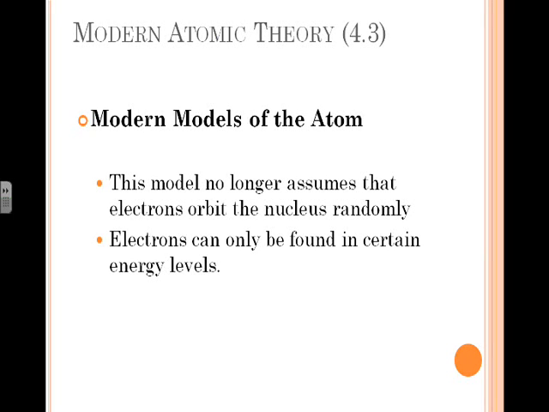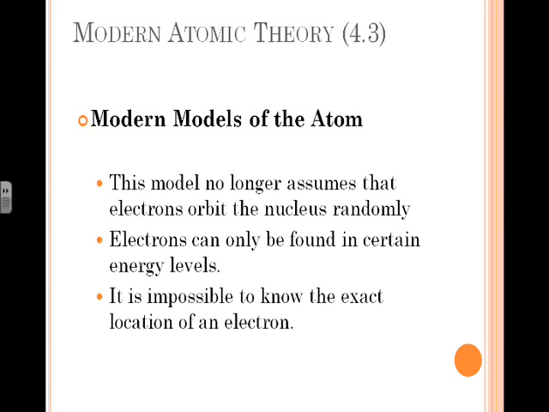Now, electrons can only be found in certain energy levels, and we're going to talk about energy levels a little bit later in Chapter 4. And we also believe now that it's impossible to know the exact location of an electron. So these are three ideas that we believe now in the modern atomic theory. And those four scientists helped us to come to these conclusions.